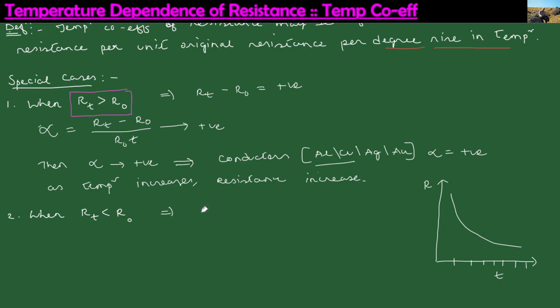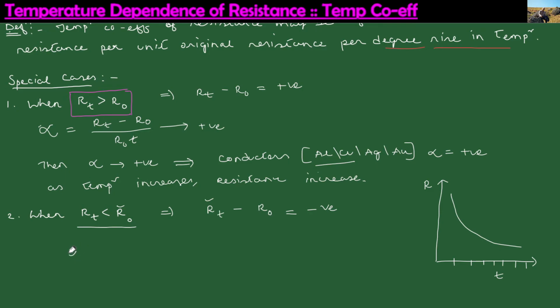Which means that when you look at this expression of alpha, when RT minus R0 is smaller than R0, the numerator term, this difference, will be negative.